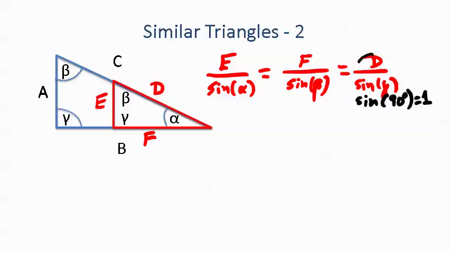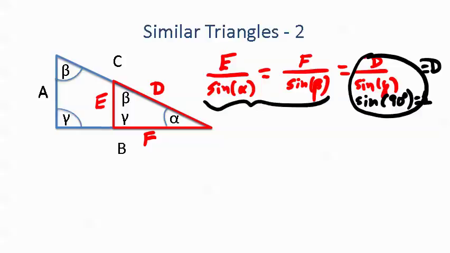So eventually, this quantity here will be equal to D. So we are going to work with these two ratios. So E divided by sine of alpha. But what is sine of alpha using the information from the original blue triangle? This is equal A divided by the hypotenuse C.